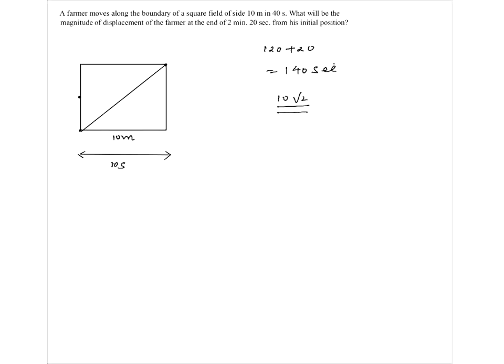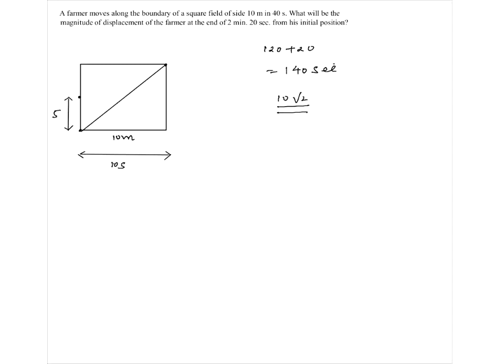Now this first sentence can be a little confusing. Anyway, we have done both cases. If it is 10 meters in 40 seconds, this is the answer: farmer is here, displacement is 5.